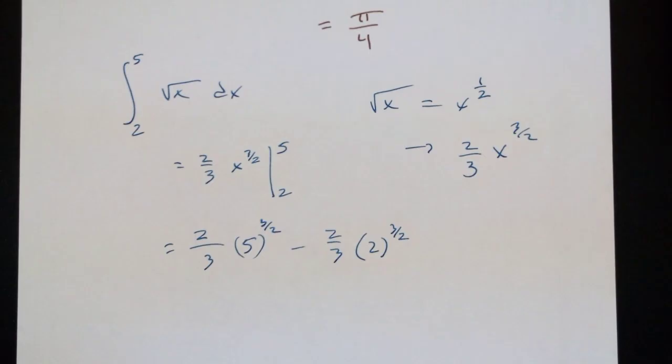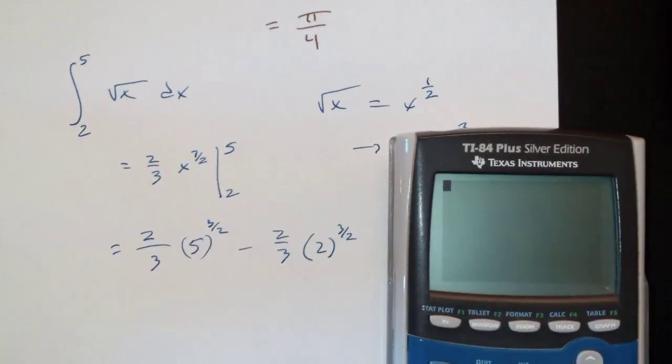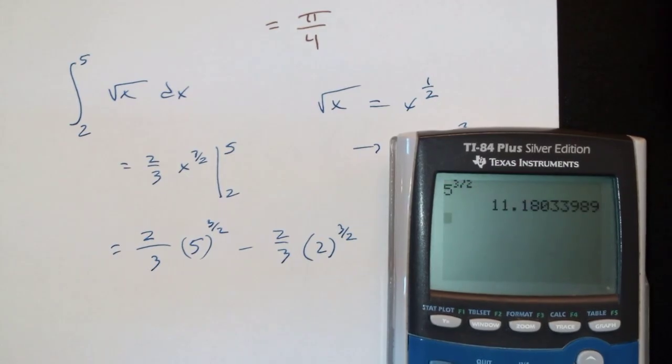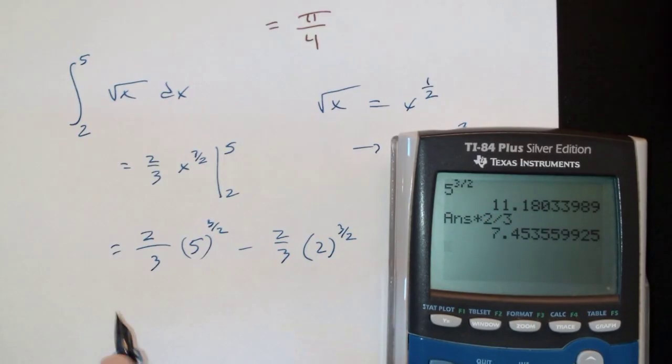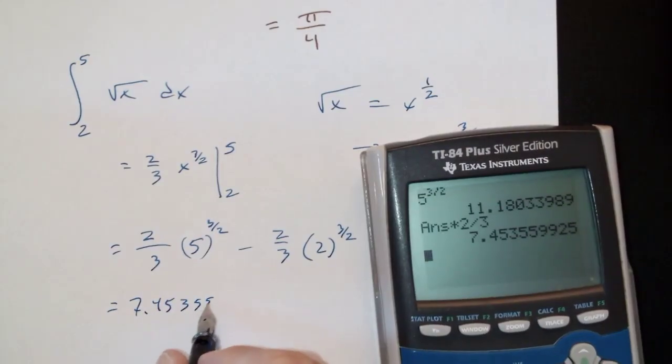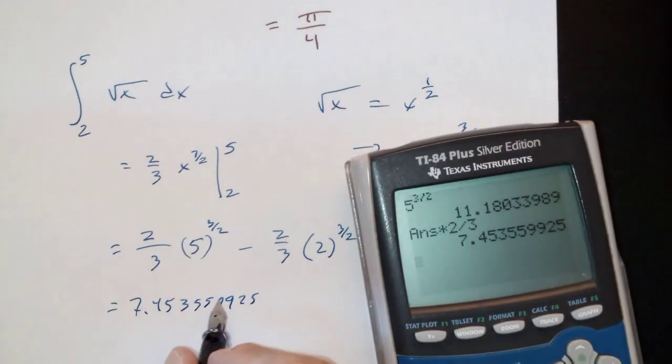You're welcome to take your calculator out and approximate these decimals if you want, because I can do 5 to the 3/2 on my calculator. Five raised to the 3/2 times 2/3. There's my first number. 7.453559925, and it keeps going.